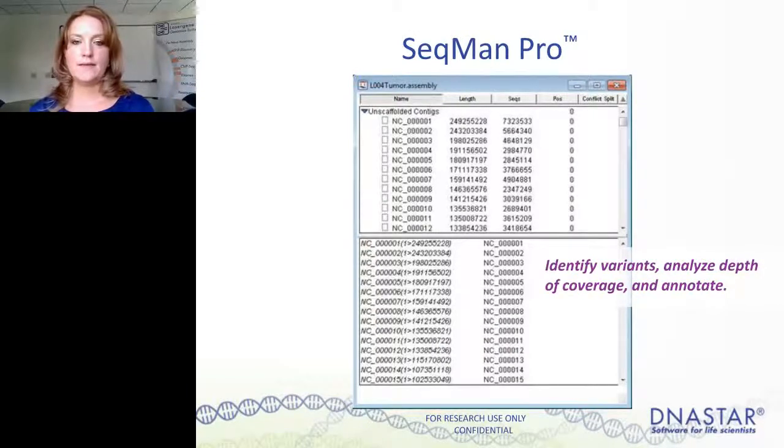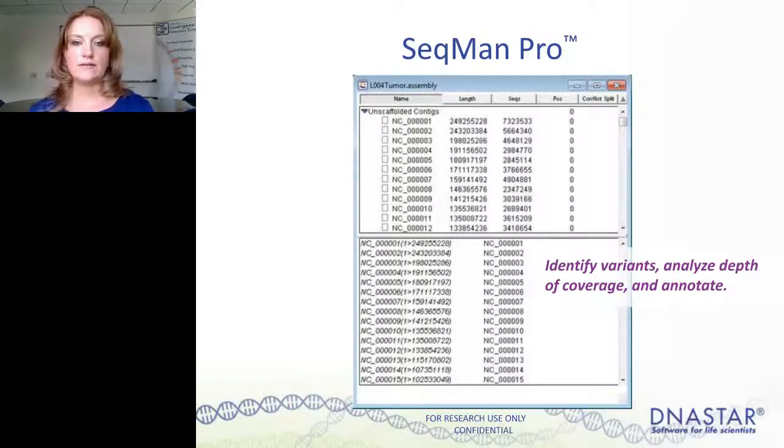So here's SeqMan Pro, and really the strength of SeqMan Pro is to identify variants, analyze your depth of coverage, and annotate your assembly. So right here I've opened the Tumor assembly project. This is just one of the two that we just ran. And I'm taking a look here. This is the first screen that I would open.